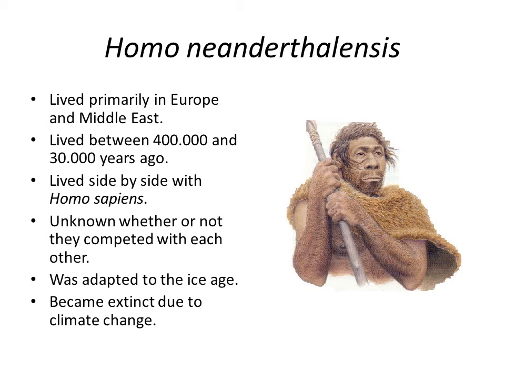Now, the first modern humans, Homo sapiens, lived about 250,000 years ago and were called the Cro-Magnon men, named after the area in France where their first fossils were found. For a long period of time, the Neanderthals and the first Homo sapiens lived side by side. And it's not sure whether they competed with each other for food or space or other resources.